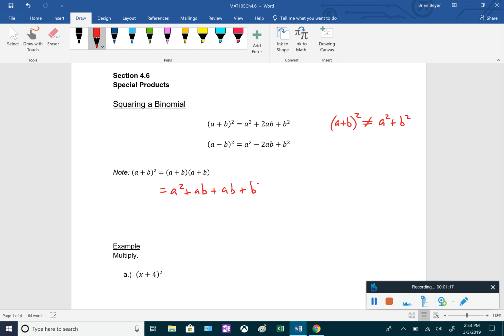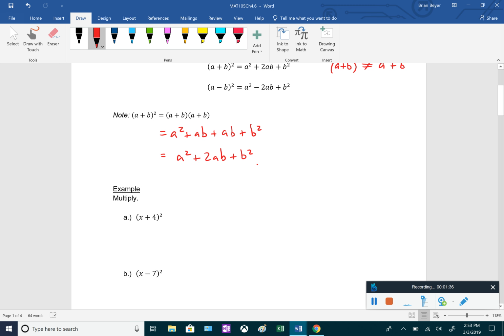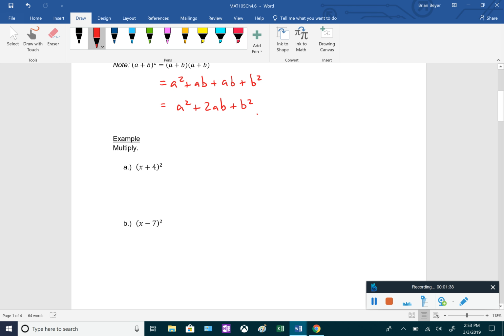And then you combine like terms, which are those two middle terms. You get a squared plus 2ab plus b squared, which is the shortcut mentioned above. So if you don't remember that shortcut, you just have to FOIL it out. But definitely knowing that shortcut will save you a little bit of time.